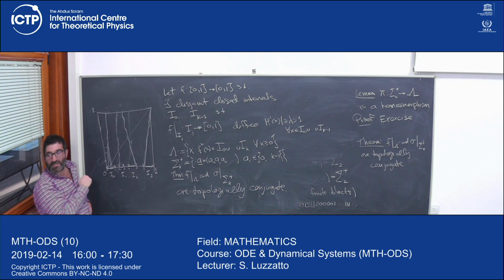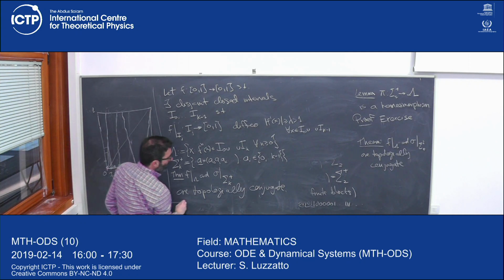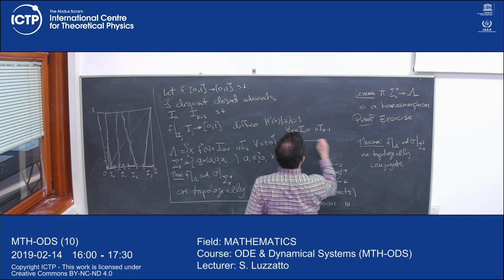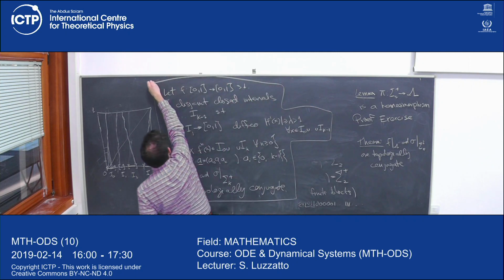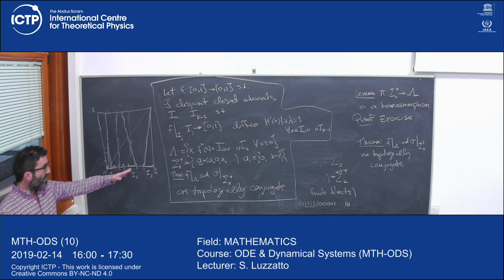Okay, so this is called an expanding map, because the derivative is bigger than 1 everywhere. So this is the theorem. This is really the general result. Okay, at least when these intervals are disjoint.